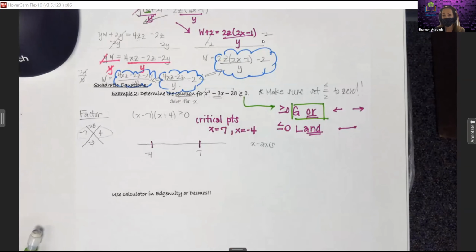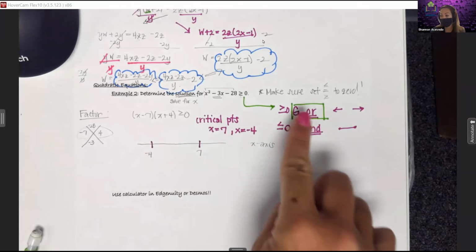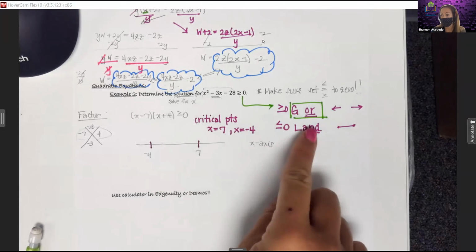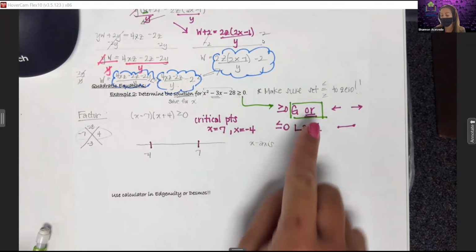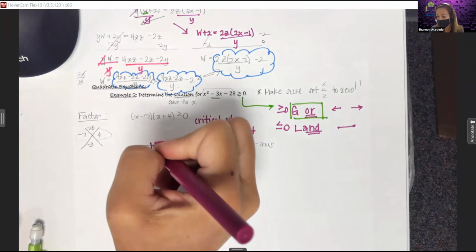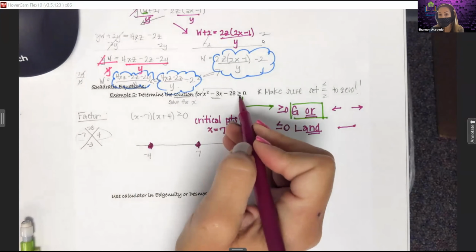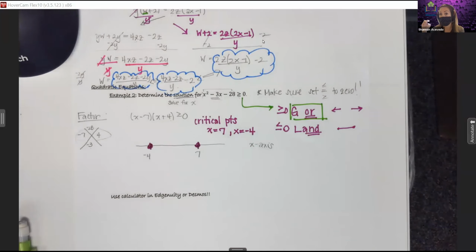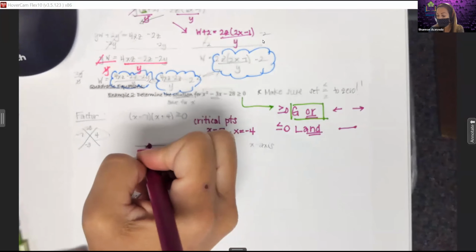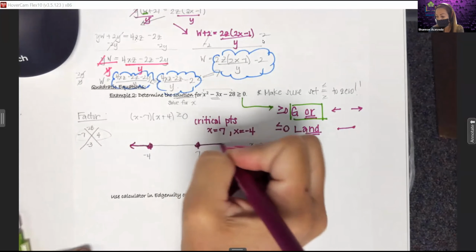I already know it's an or because of our little trick here. So I know that my graph is going to have solid points here because it's equal to. If it wasn't equal to, it'd be an open circle. And they're going to go in opposite directions because it's an or.